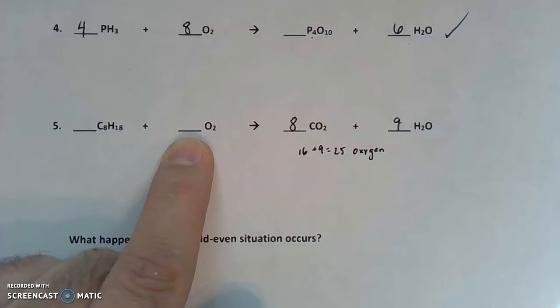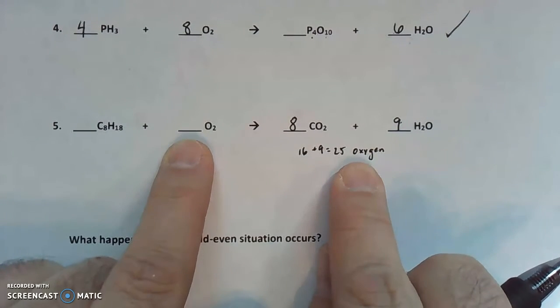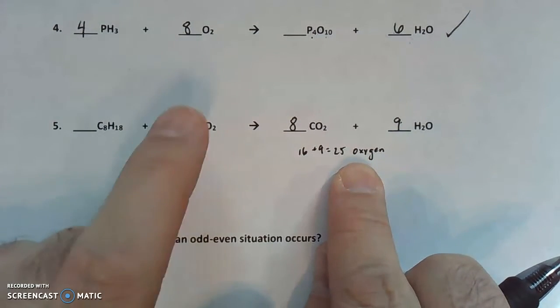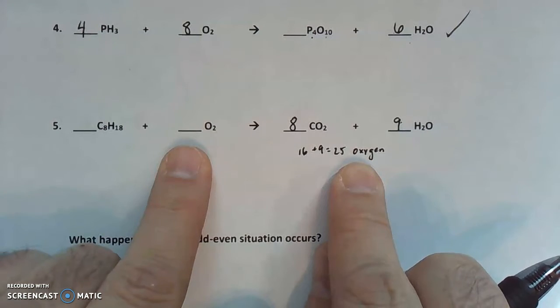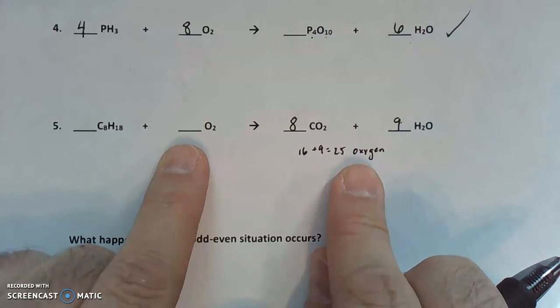So we have what is called an odd-even situation. We have an odd number of oxygens on this side, and we have an even number on this side. So the easiest way to get rid of an odd number is to multiply it by 2.